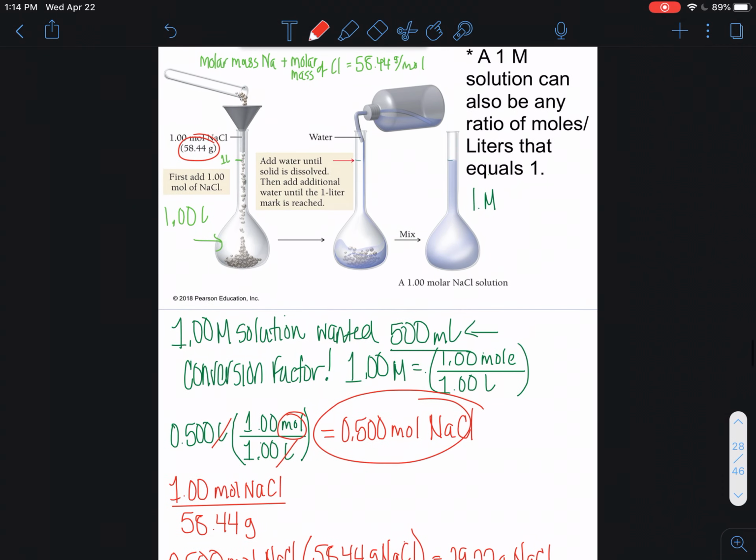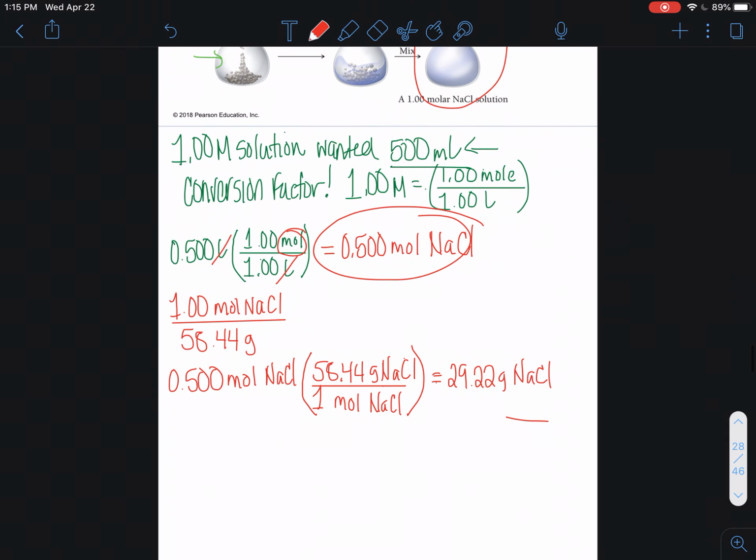All right, so again, remember where this was a liter, right? We could make the same concentrated solution, but a smaller amount of solution.